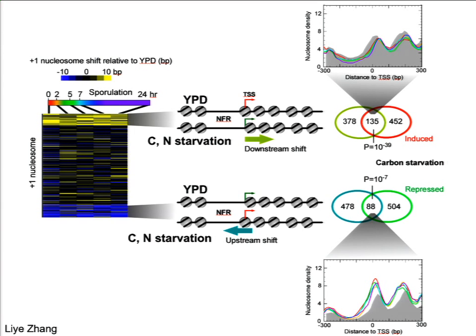overlap carbon starvation genes. Okay, and if you take a look at those around, you can see that during the starvation and downstream, during sporulation, you have a shift down at that nucleosome position. These genes actually move to the more upstream.